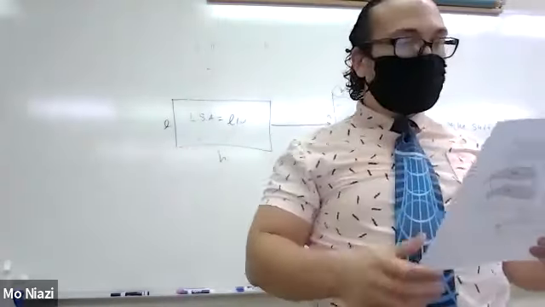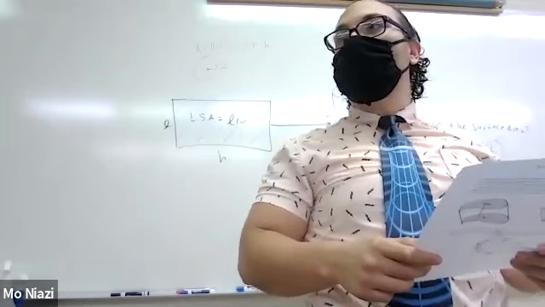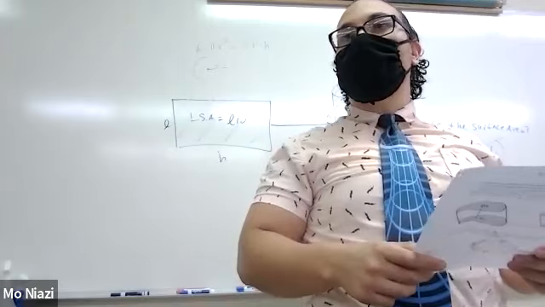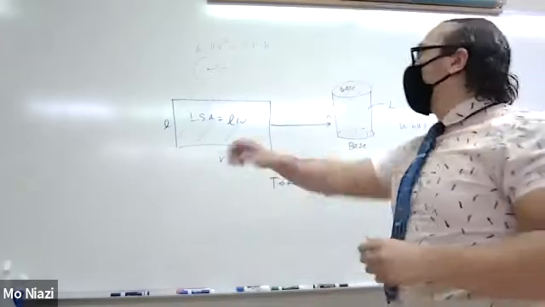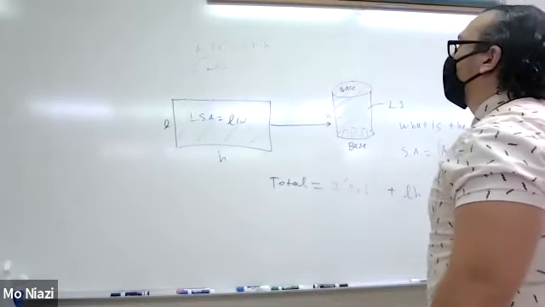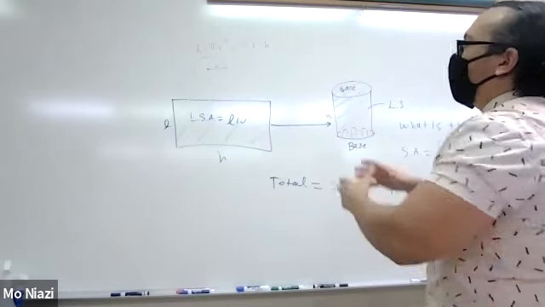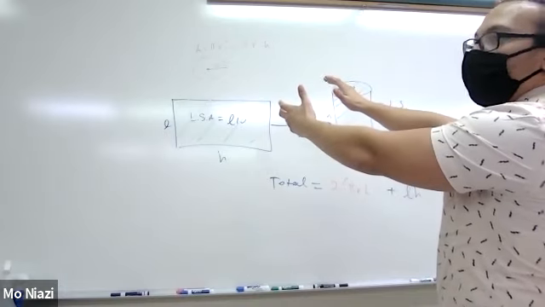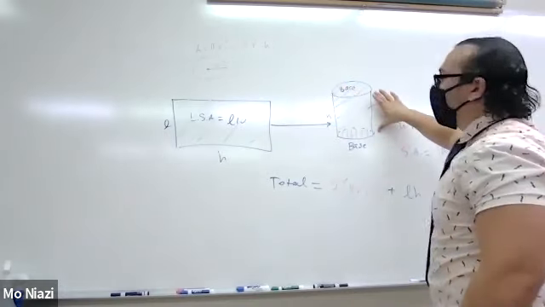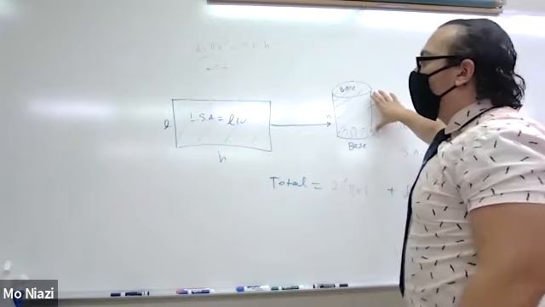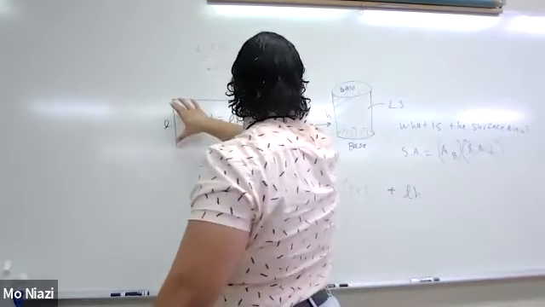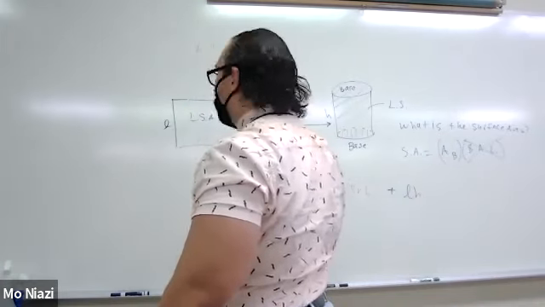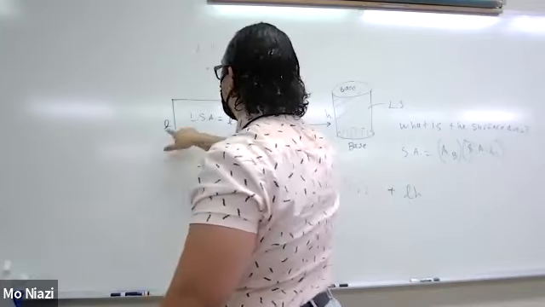Next. Wait, I have a question. I'm confused. Why did you do the? So that's because the circle, if it was all on its own, if we calculate the area of a disk, it's pi r squared. But you want to calculate the area of a disk associated to this amount of height. So this length right here will be the radius r. If this gets converted into h, this would be the radius r.